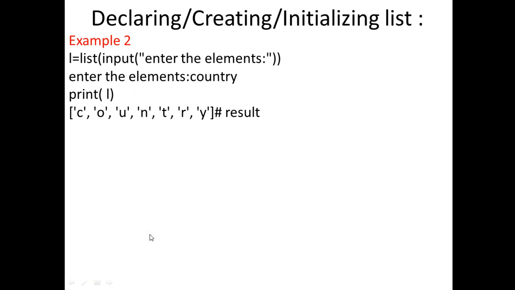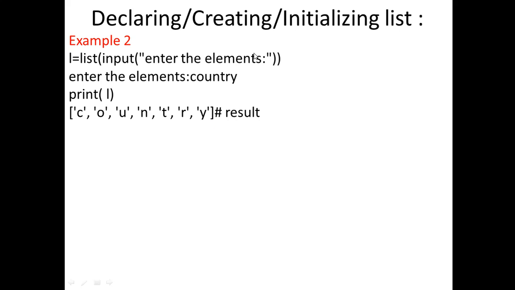Example 2, we will see. L equals list input, enter the elements. Country, the user has entered the country. Print L, then the output has come as what you have entered, the string. All these strings are now separated as characters, and all the characters are enclosed in quotes.